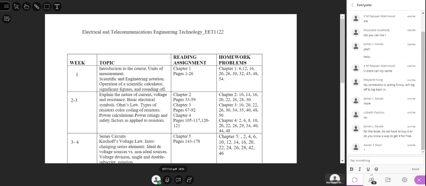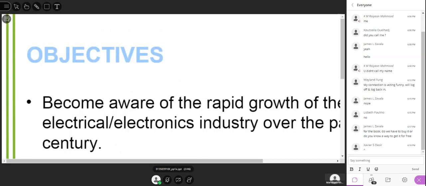Okay, so if there is no other question, let's start chapter 1, which is the kind of introduction. The topics in chapter 1, you usually know about. Let me bring up chapter 1 and go over it. We're just going to go over some topics like what's happened in the past, how electrical circuits have evolved, a little bit of history.